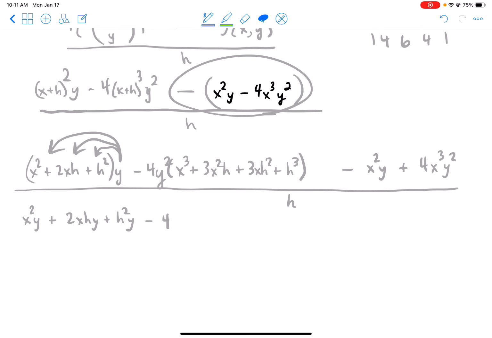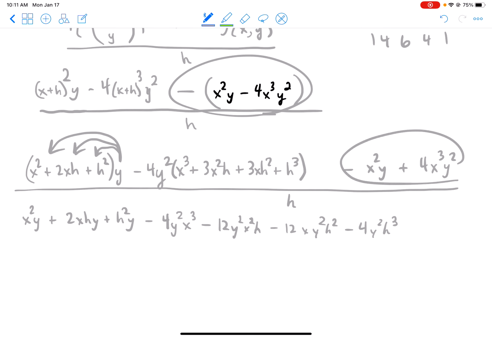Okay, so this is getting quite cluttered, but anyway. So now I have a minus 4y squared times each of these 4 terms. And that'll give me 4 terms, but they'll have more stuff in there. Y squared x to the third minus 12y squared x squared h, minus 12x y squared h squared minus 4y squared h to the third.